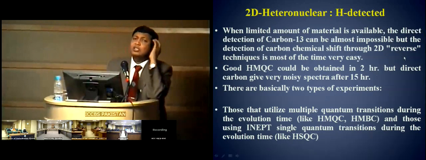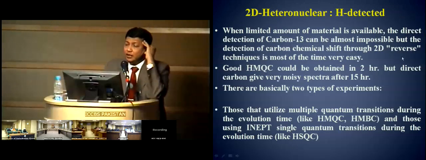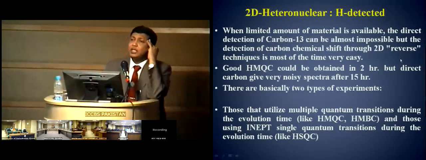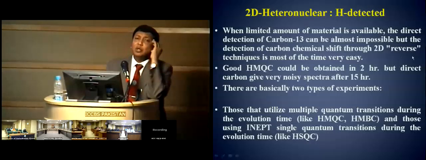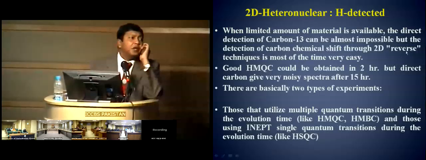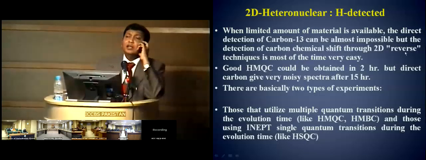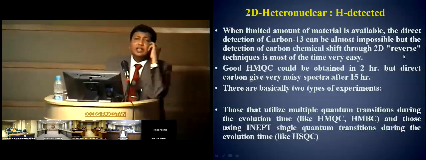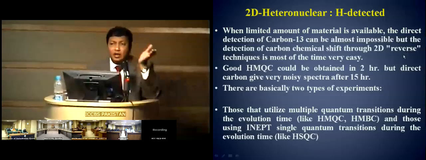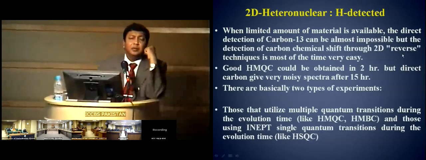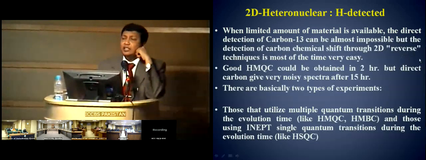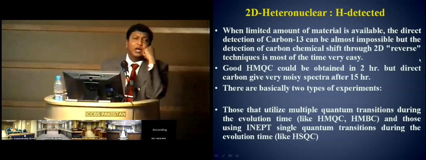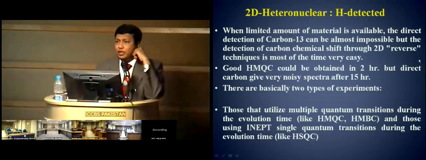Very, very important conceptual development, not very different from the normal traditional polarization transfer. It is a polarization transfer in a reverse sense. Okay? And I told you yesterday that you need to have different hardware for it. You remember I told you that for polarization transfer, you need to have a proton-carbon probe.